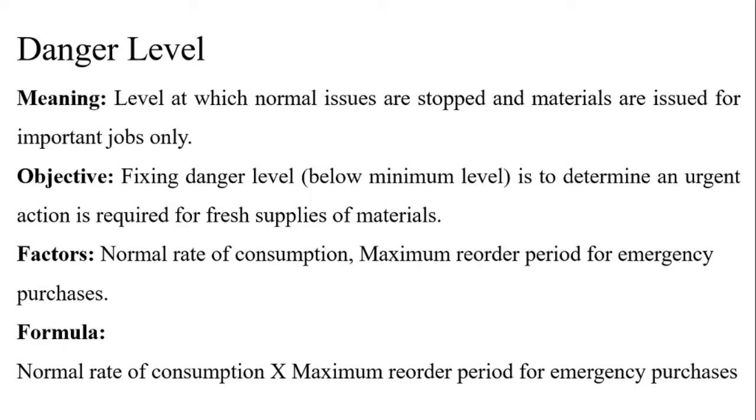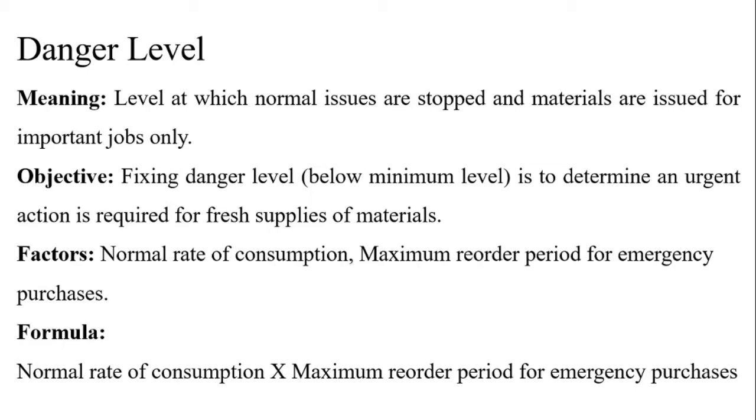It is generally below the minimum level. The danger level happens when the stock reaches down to the minimum level. Some enterprises treat the minimum level as the danger level, whereas others fix the danger level above the minimum level but below the reorder level.